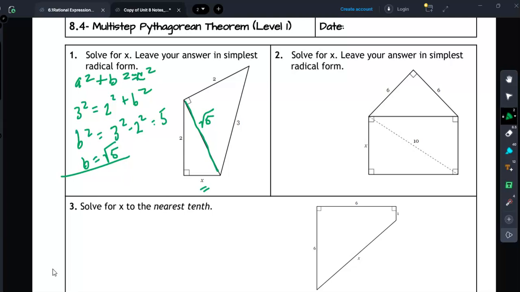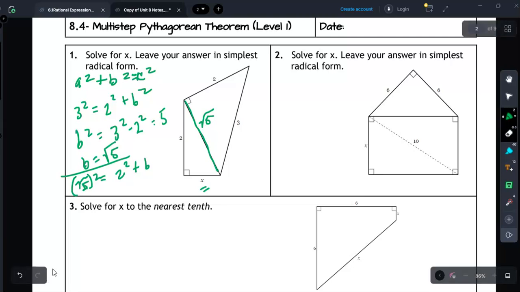A leg. And we have square root of 5, which is the hypotenuse. So we could do the square root of 5 squared, I'm starting with a hypotenuse, or C squared, equals 2 squared plus, I'm going to just call that X, not B squared. So we're actually solving for our X now. So X squared, right? We're using still the Pythagorean theorem.